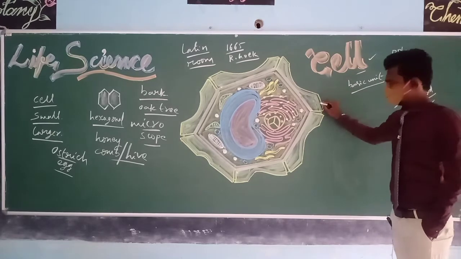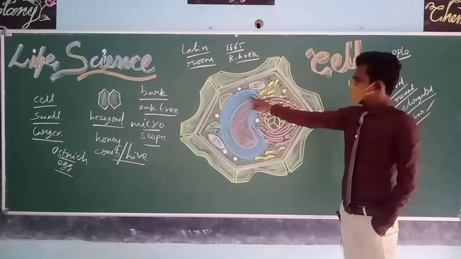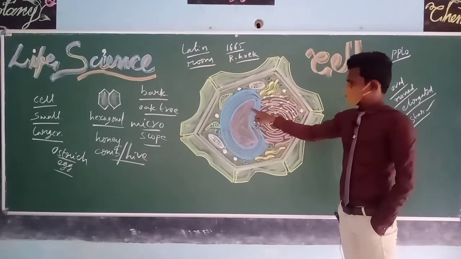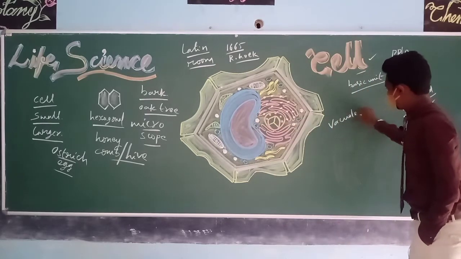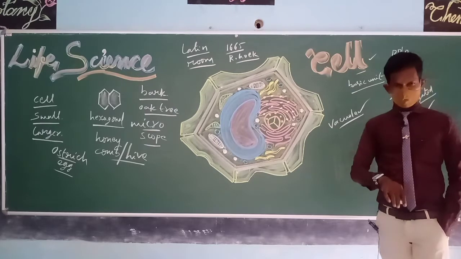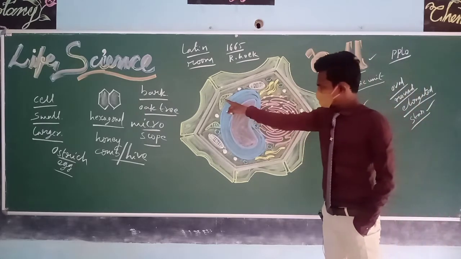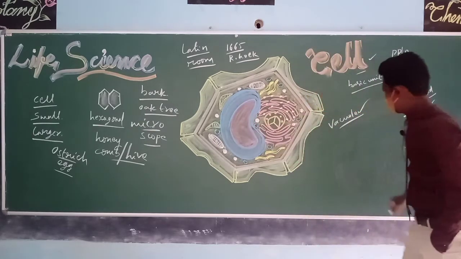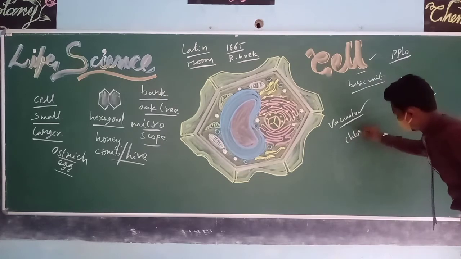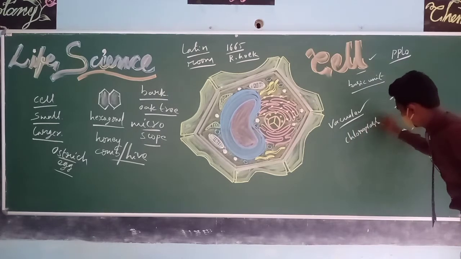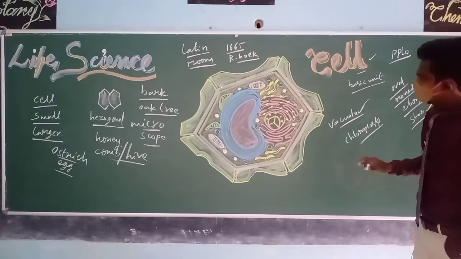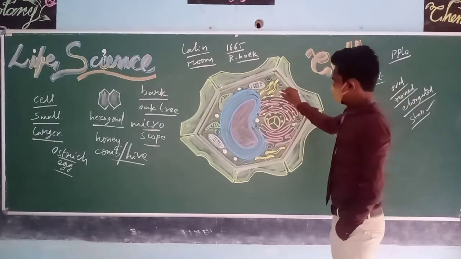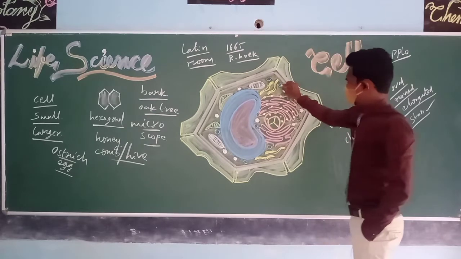In the plant cell, a large vacuole is present. This is called the vacuole. This vacuole is absent in our animal cell. Then these green color structures are known as chloroplasts. So chloroplasts are absent in our human body cells.